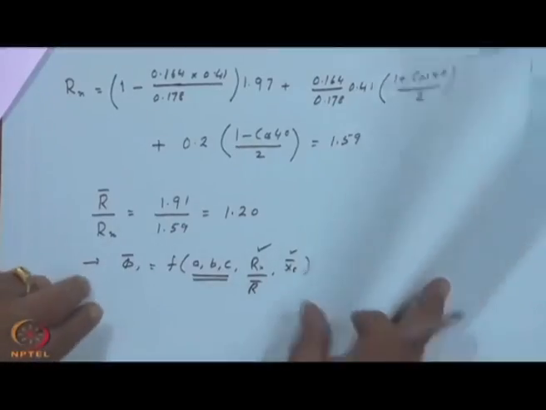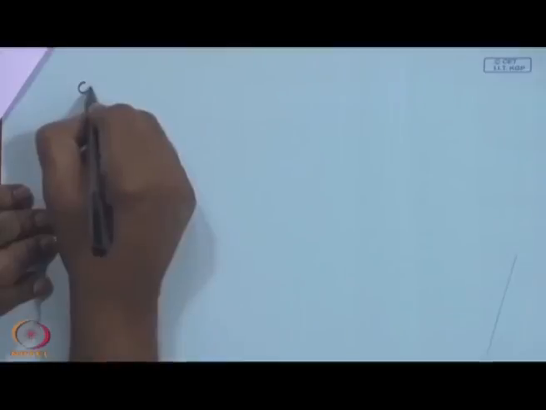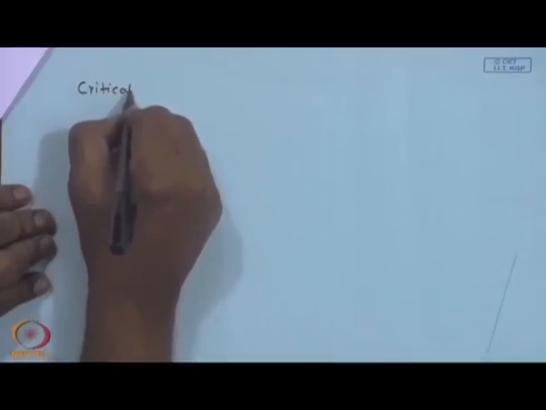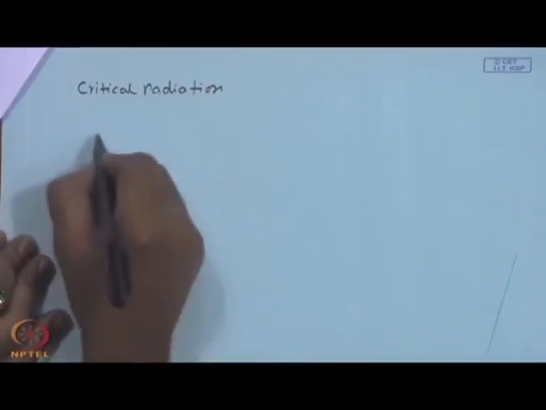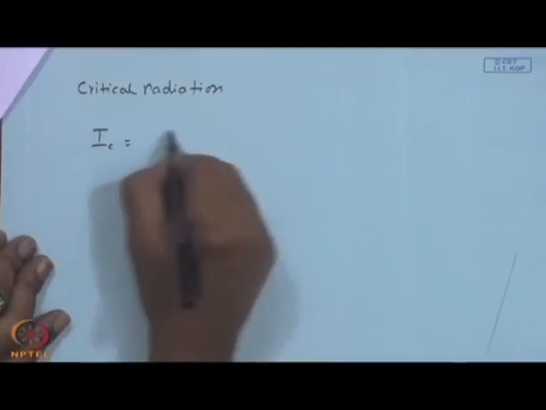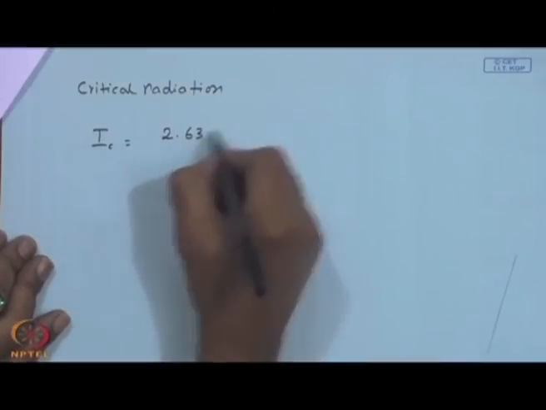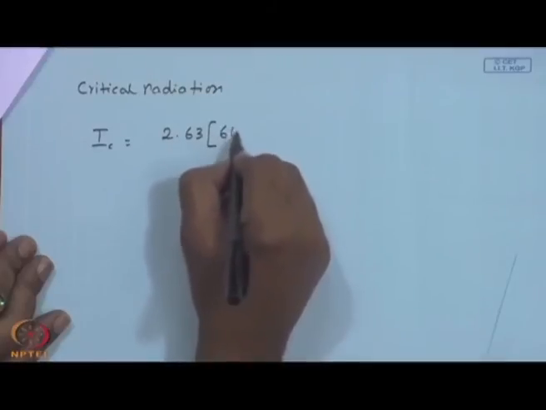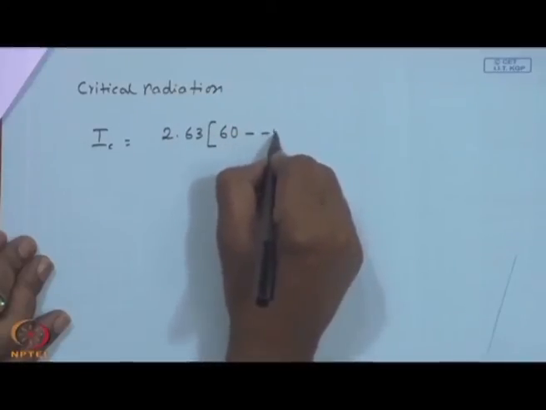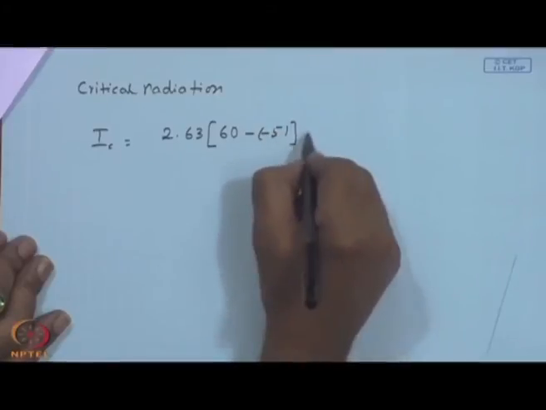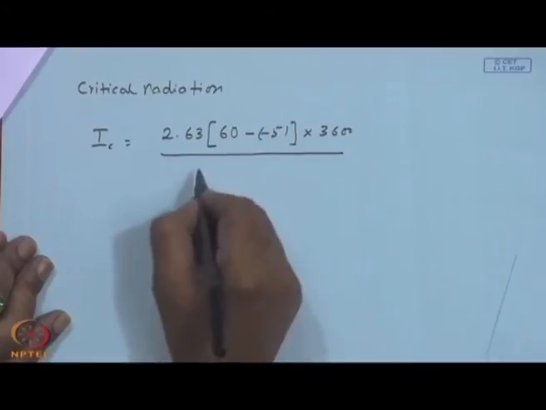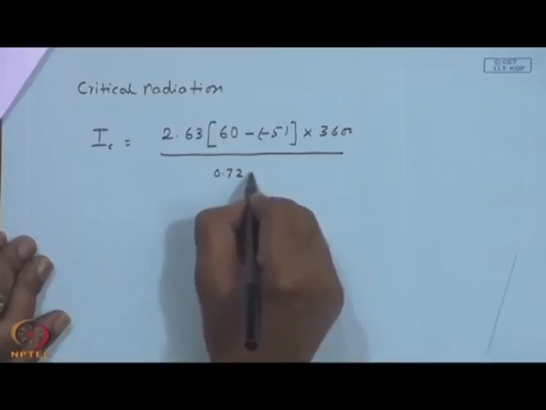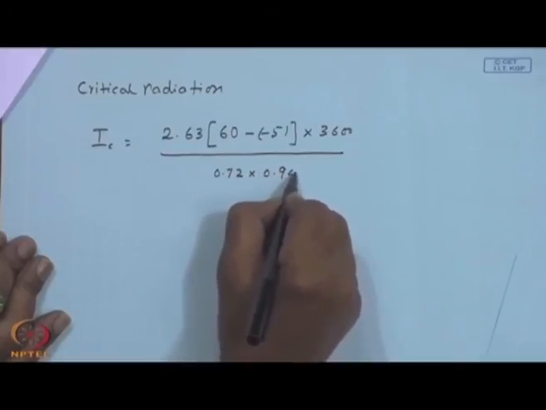Now, the critical radiation. F R U L times T min minus T A times time is important, that is what I was telling. You have to put that factor by 0.72 into 0.94.